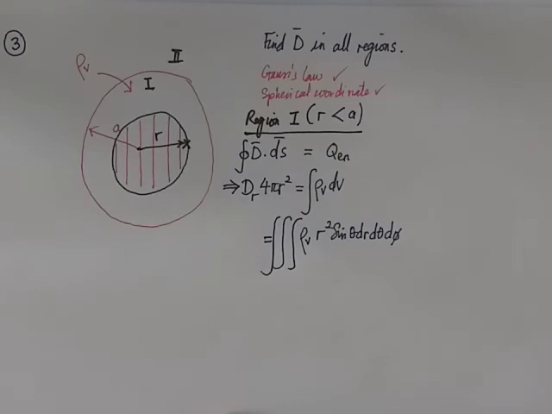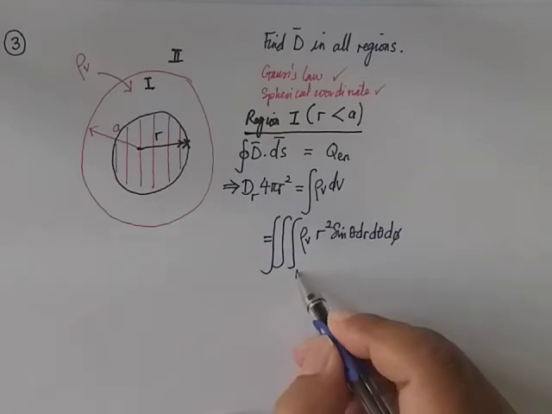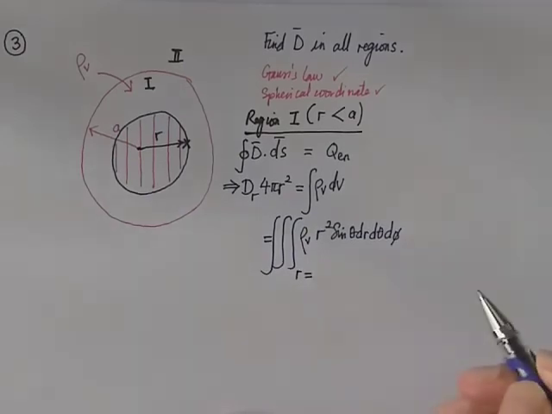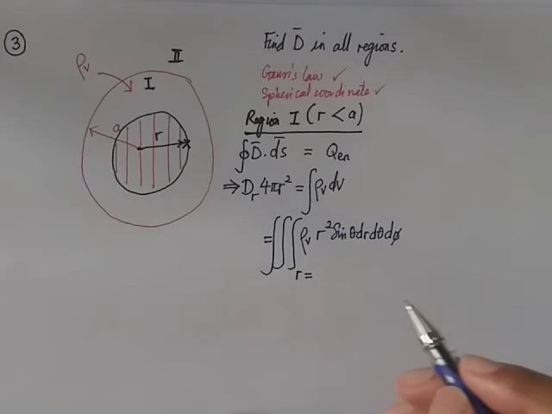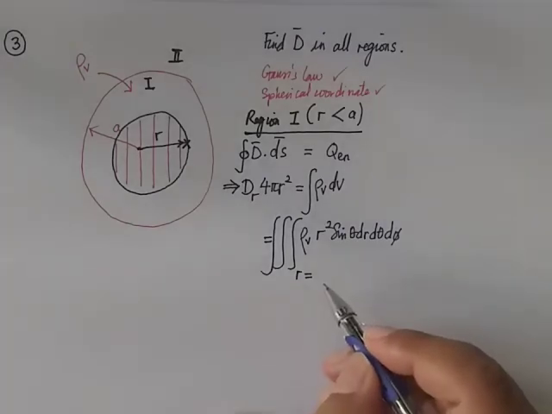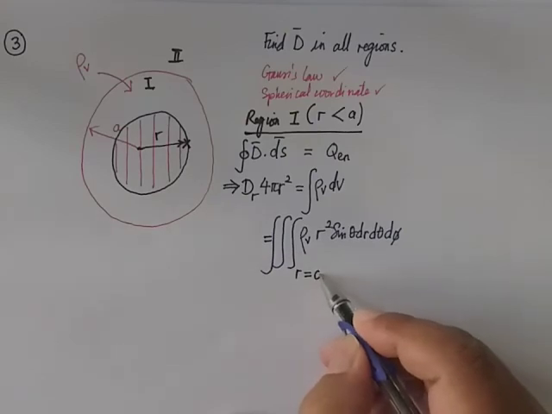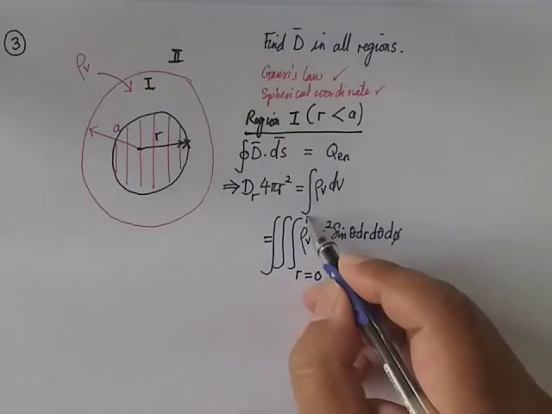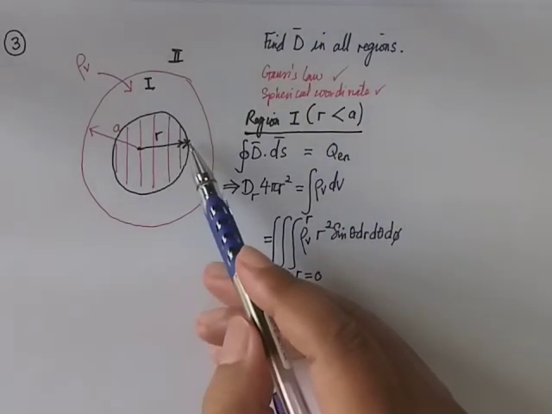Okay, let's choose the limits. Remember, everything we do must relate to our diagram. What should be our limit of R? The R must refer to the shaded area, from where to where the charge that we're going to consider in this calculation. Good, from 0 up to R only. Up to here only.